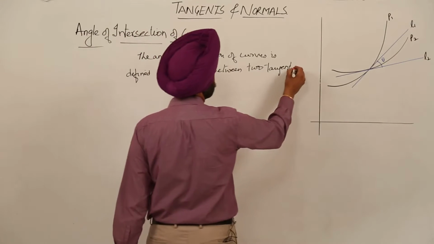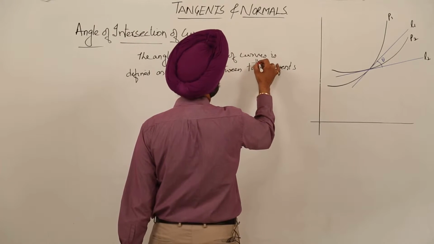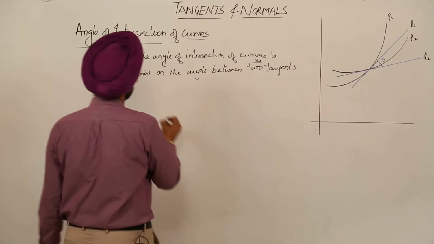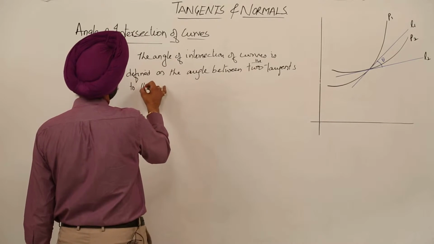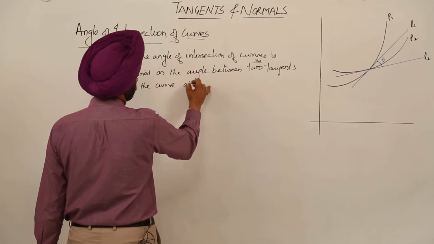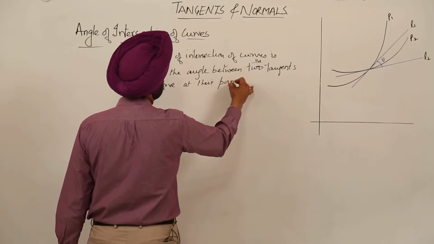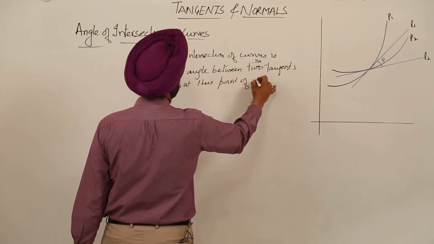Okay, angle between the two tangents or angle between the tangents, one and the same thing, to the curve at their point of intersection.